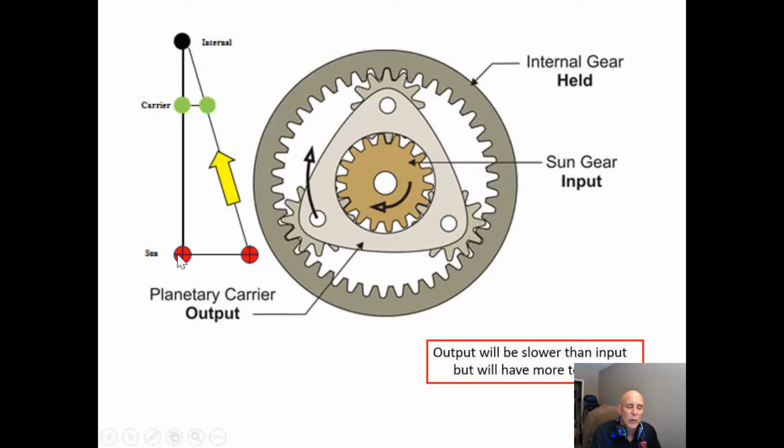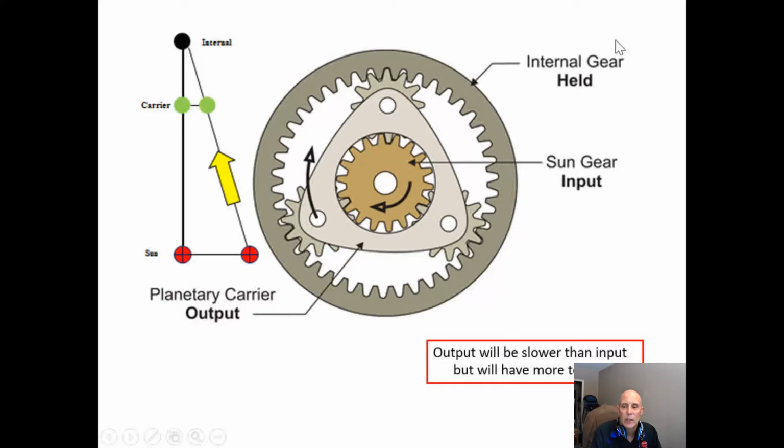So we draw 3 dots: our internal gear, which is our outside one, our planet carrier, and when you draw your dots, make sure your planet carrier is close to your internal gear, and then at the very bottom is our sun gear. So if the sun gear is rotating this way, this planet carrier is going to rotate this way if the internal gear is held.